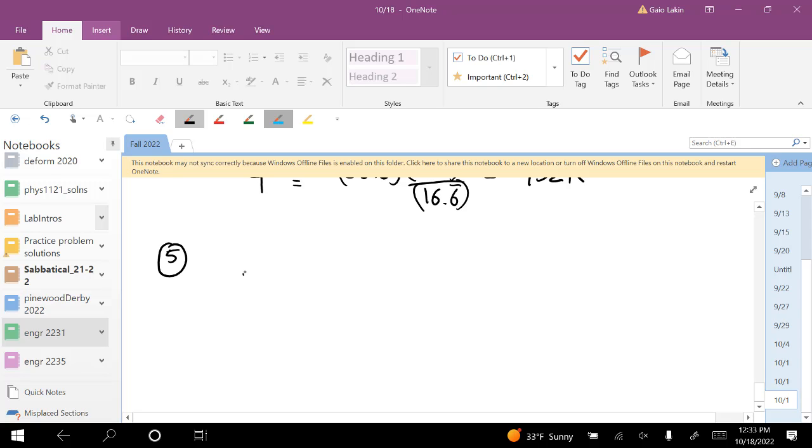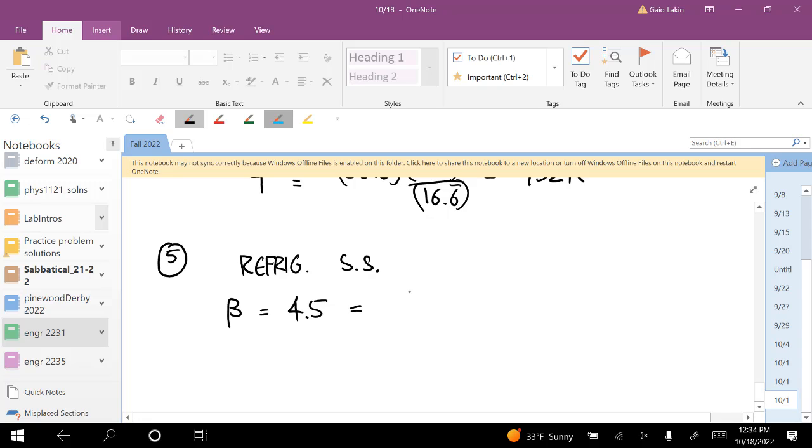Okay, so this is a refrigerator. It's in steady state. The coefficient of performance is 4.5. And remember, the coefficient of performance for a refrigerator is, what you're trying to do is get a lot of heat QC removed from the cold reservoir, and you're trying to input as little work as possible.